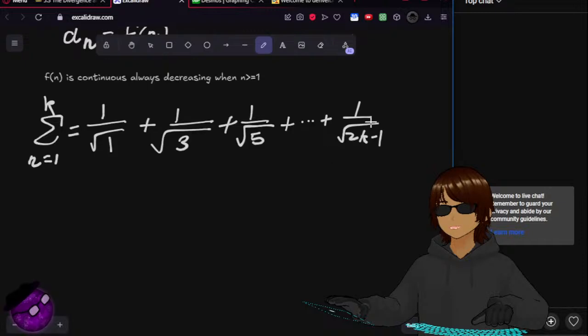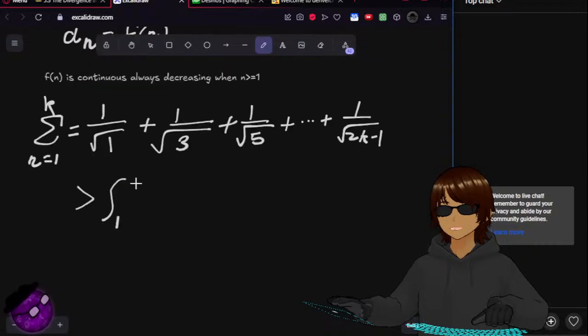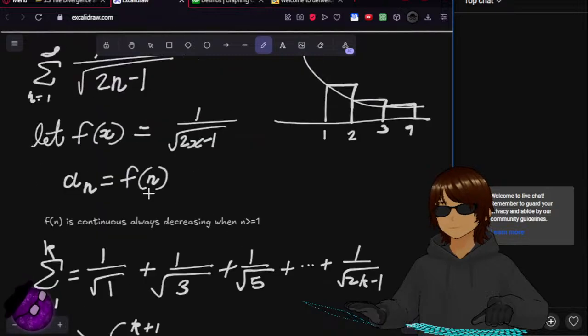This would be greater than the integral from 1 till k plus 1. Because the area over here is a1 and then a2 and then a3.